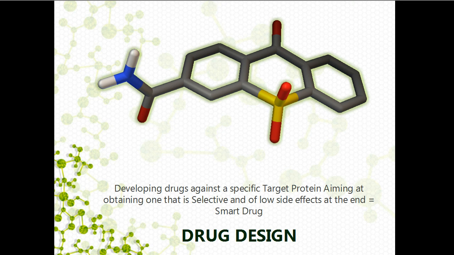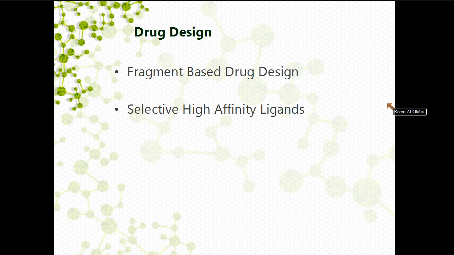Among the approaches used in drug design is fragment-based drug design, where you have a fragment and then you build on it. It's as simple as it sounds from the name. You have a drug lead and you optimize it by adding certain pharmacophores or groups.